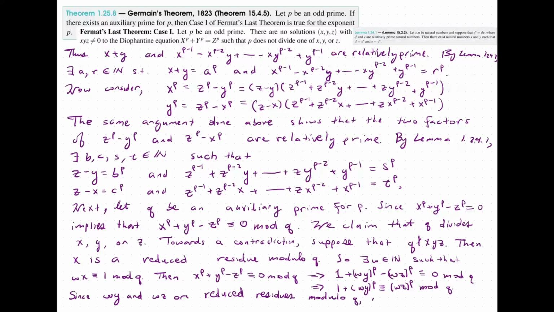we have that wy and wz are non-zero modulo q. And therefore, wy to the p and wz to the p are consecutive p-power residues modulo q.